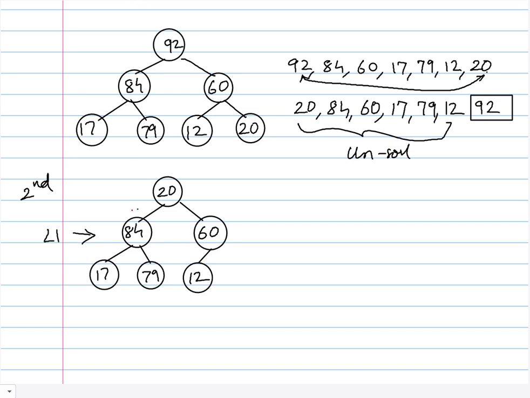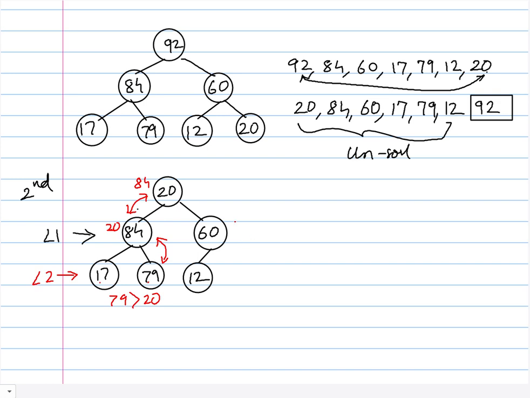If we interchange it, then at the root you will get 84, and instead of 84 you will get 20. But now the node at level 1 has changed, so we'll compare that with level 2 also. At level 2 we have 17 and 79. 79 is greater than 20, so we will interchange this too.